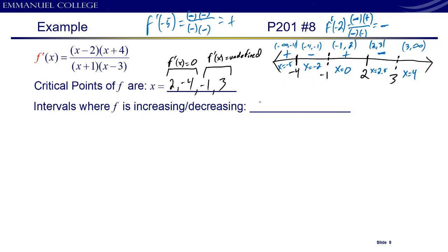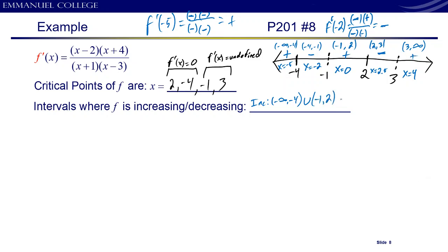So our intervals of increasing, I'll write first. That's going to be from negative infinity to negative 4. If I can write the number 4. So it's negative infinity to negative 4, union, because we're putting all these together, negative 1 to 2.